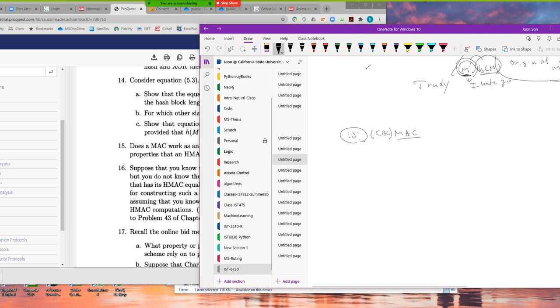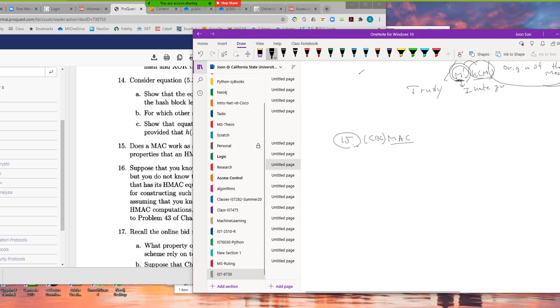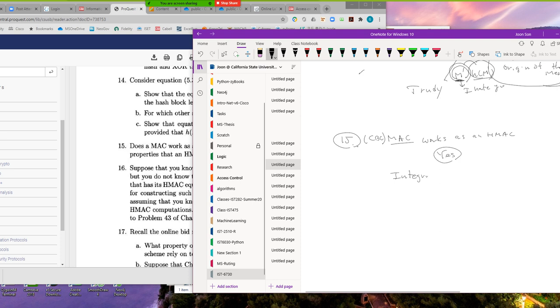So the MAC works as an HMAC. Yes, right? Because both of them will achieve integrity, and what else? Data authentication. Yes.